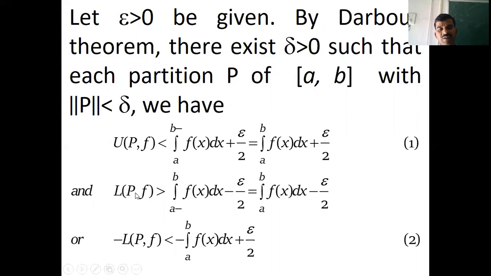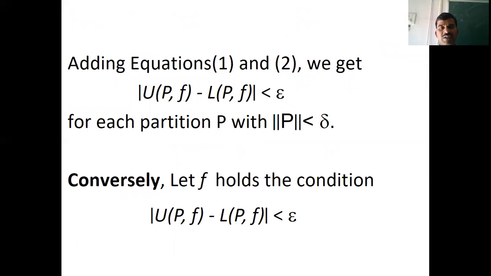Since the upper integral equals the lower integral, which equals the integral, we can write it as the integral plus epsilon by 2. Similarly, the lower sum L(P, f) is greater than the lower integral minus epsilon by 2, that is, the integral minus epsilon by 2. Taking a minus throughout on both sides, we get relations 1 and 2. Adding these two, we get the condition U(P, f) minus L(P, f) less than epsilon for each partition P with norm of P less than or equal to delta.